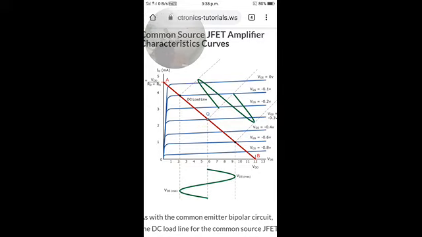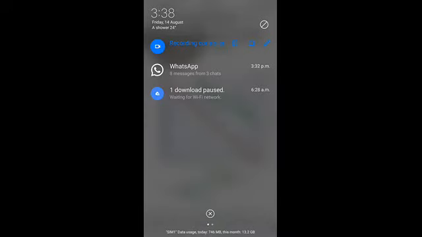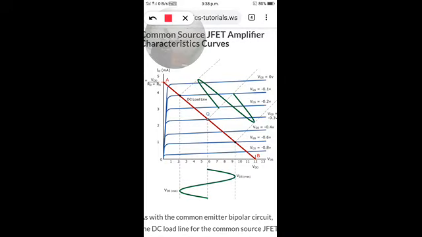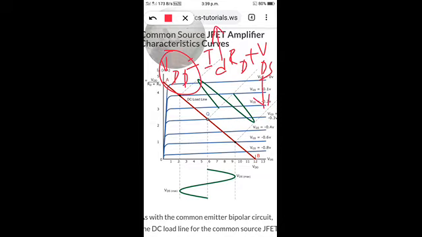Because we have the equation VDD, which is constant, equals IDRD plus VDS. Since VDD is constant, when ID is increasing, VDS is going to be decreased.